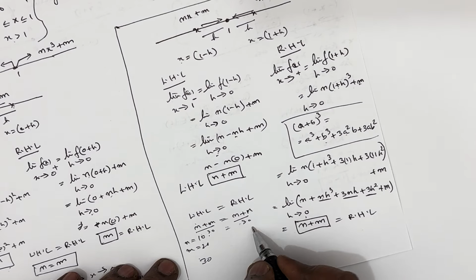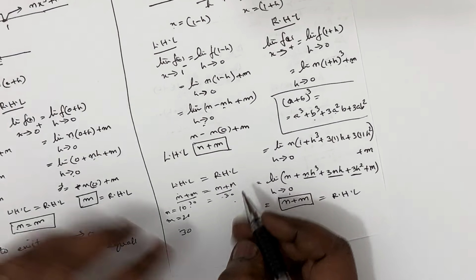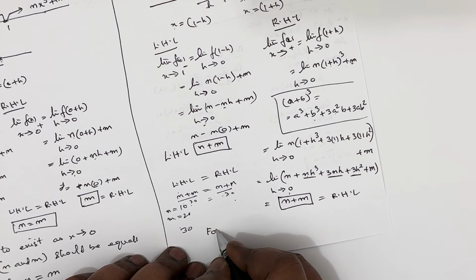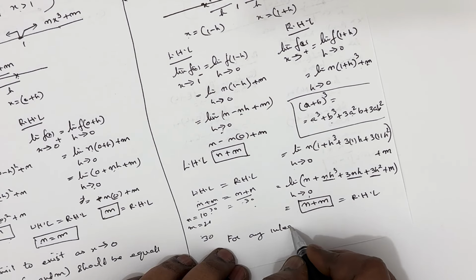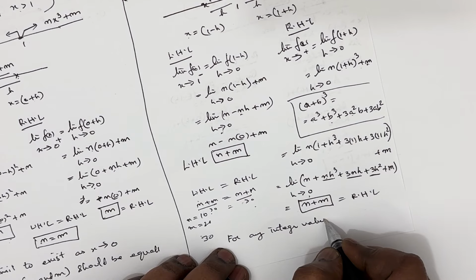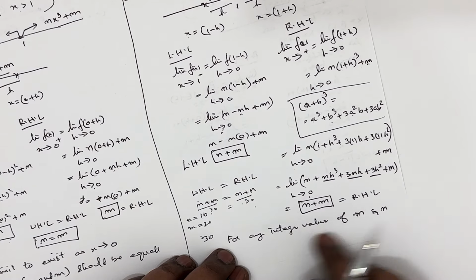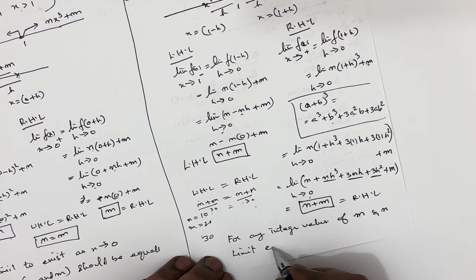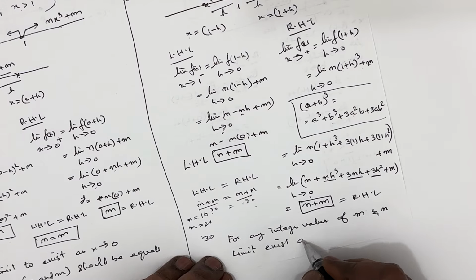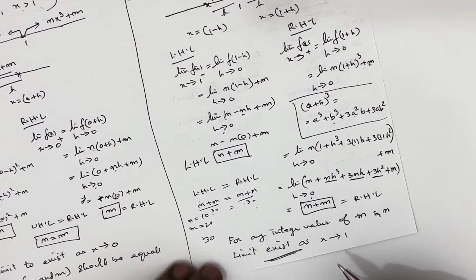See, LHL is equal to RHL, so we can say that for any integer values of m and n, the limit exists as x approaches 1. Okay, that's it.